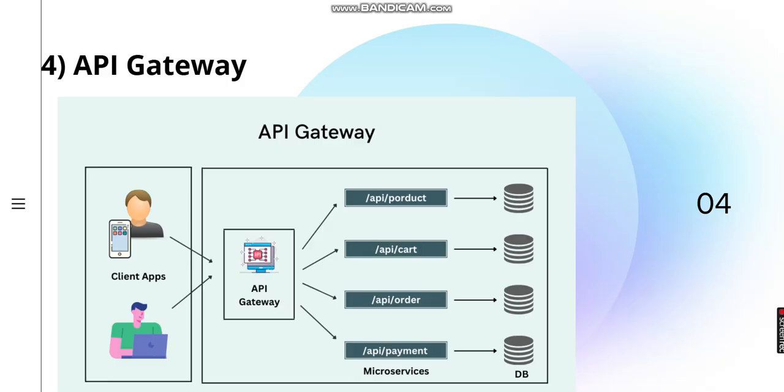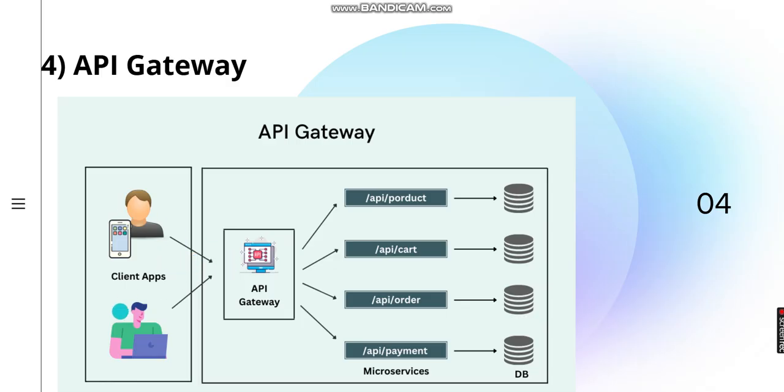Imagine we have a microservice based application with multiple servers. Here we have multiple microservices, where we have multiple APIs. Instead of exposing each service directly to the client, the API gateway acts like a single entry point for all the client requests. It is going to collect all the client requests and route each request to the appropriate microservice, and the response is sent back through the gateway to the client.